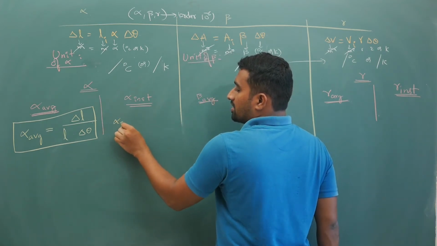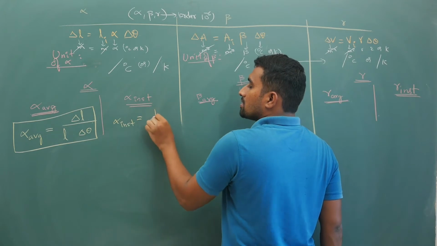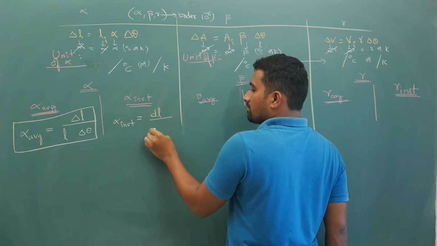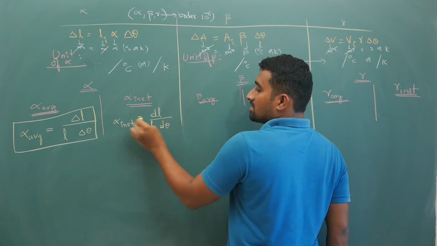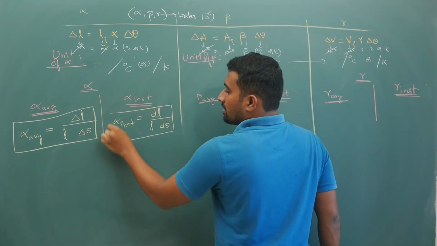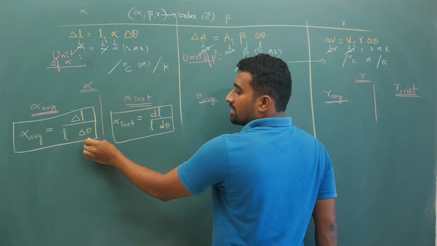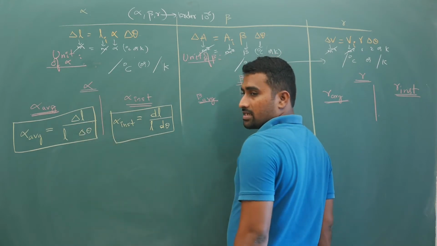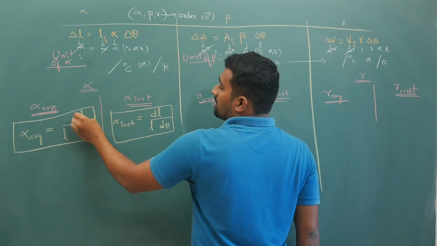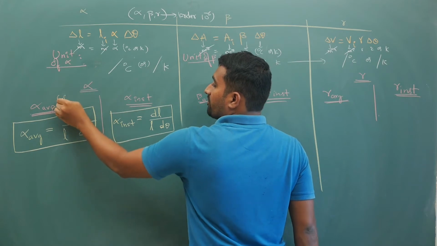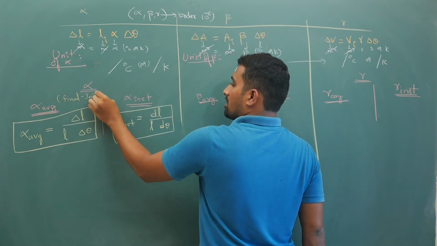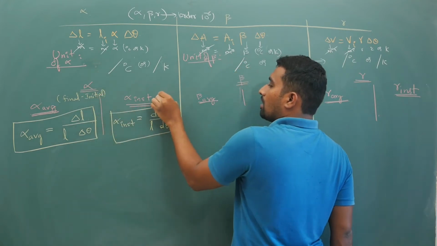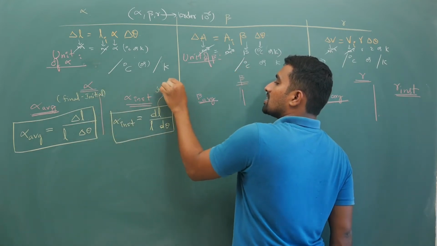Your alpha instantaneous is small change in length by initial length times small change in temperature, d theta. Delta means final minus initial. It is a small change in length.